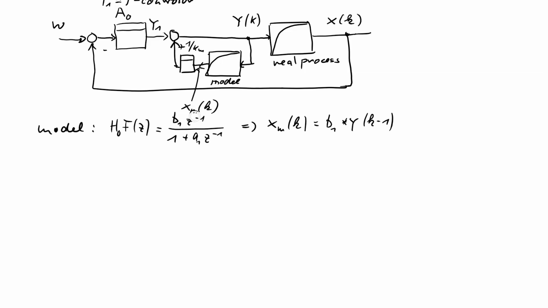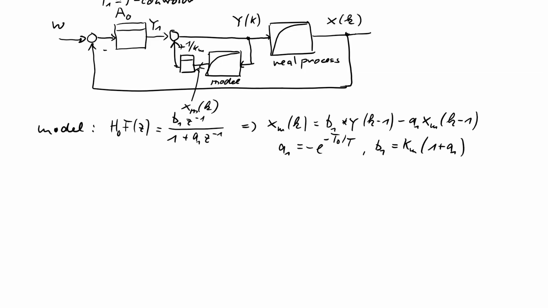Note that the z to the power of -1 in the numerator delays the input signal of my model by one step, minus a1 times x model one step before. This is the denominator coefficient. The a1 can be calculated with the well-known equation e to the power of minus sampling time divided by time constant. b1 is the well-known coefficient Km times (1 plus a1).